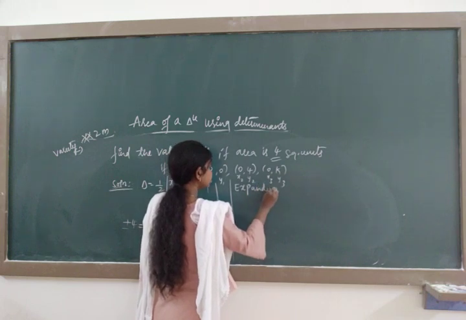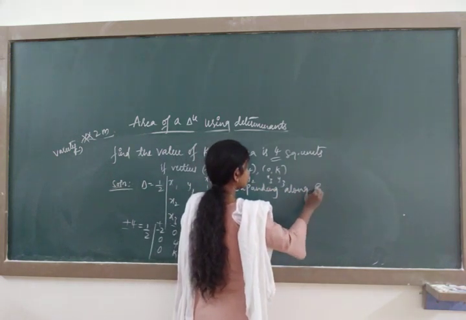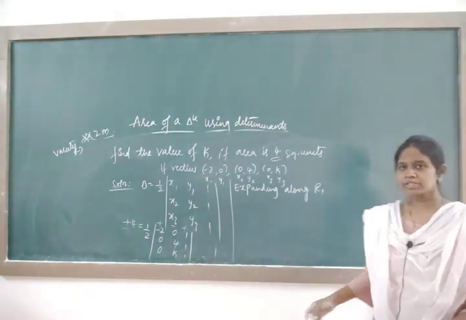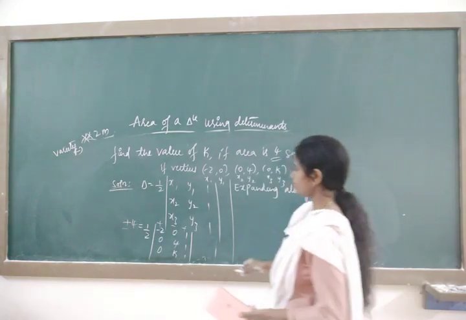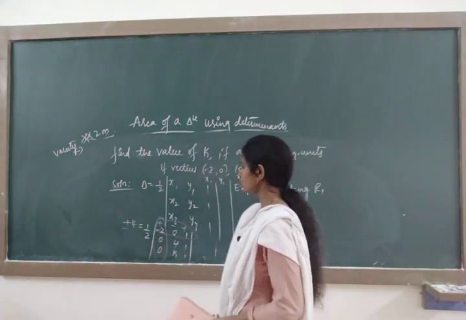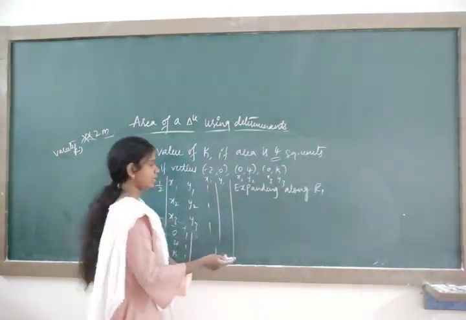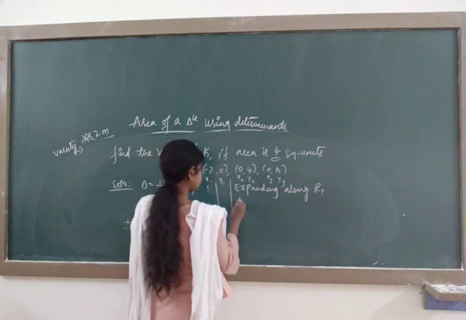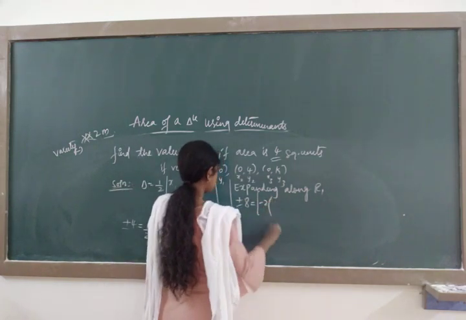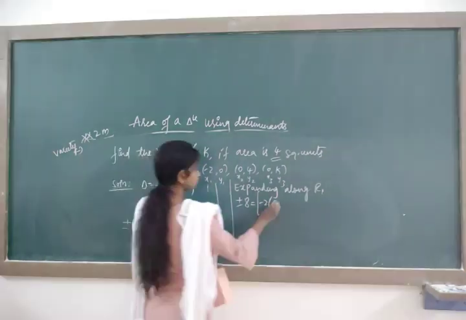Expanding along R1. When you are expanding along R1, as I said, the first row will be completely closed. One by one the column will be closed. So cross multiply, 2 4s are 8. Minus 2 of, so when the first column is closed, it will be 4 1, k 1.